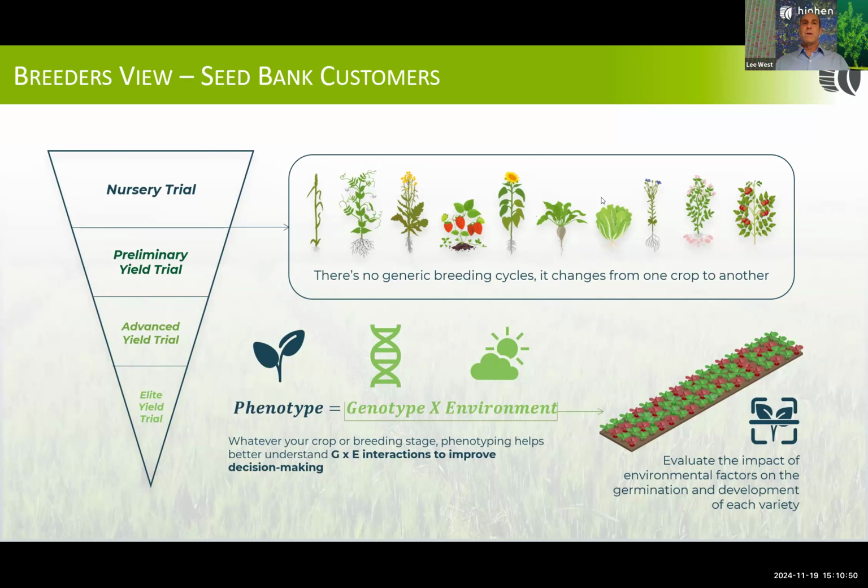And so high throughput phenotyping always brings value and better understanding to GxE interactions within your field trials. Whether you're at the regeneration stage, the nursery stage, you've reached yield trials, or you're doing some sort of in situ conservation efforts, you can make better advancement decisions on which percentage of your trial population you want to advance to the next stage and generate new crosses.